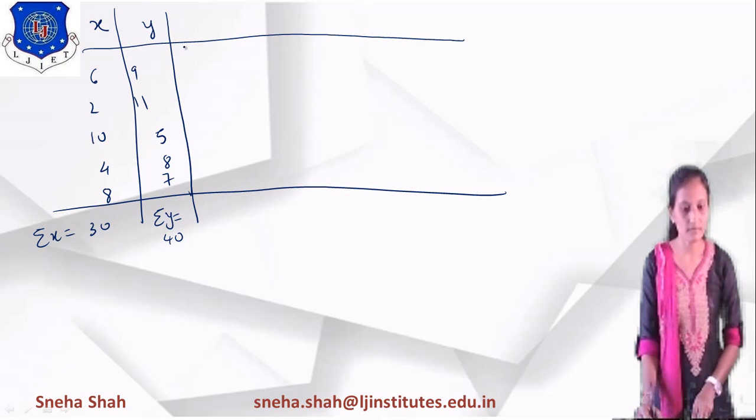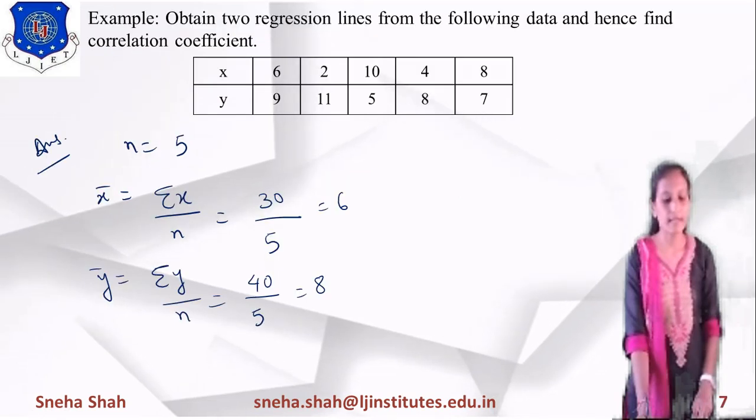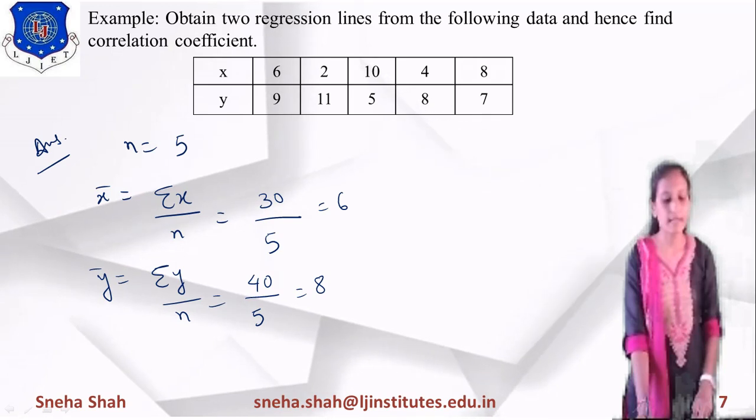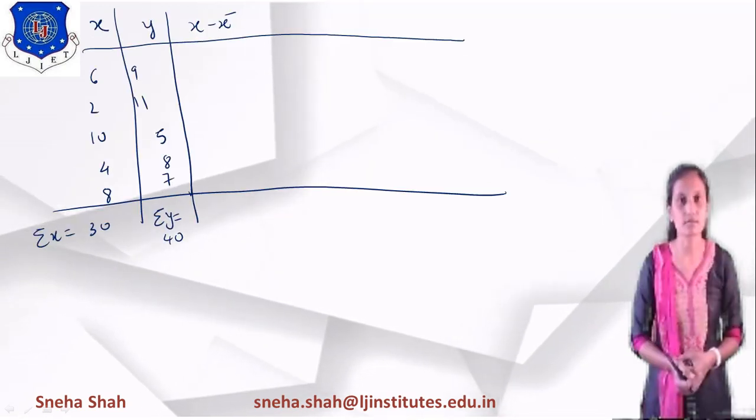Now if you are finding the value of x minus x bar, then what is the value? What is the value of x bar? As we had seen in the last slide, x bar equals 6 and y bar equals 8, right? So we are taking x bar equals 6.